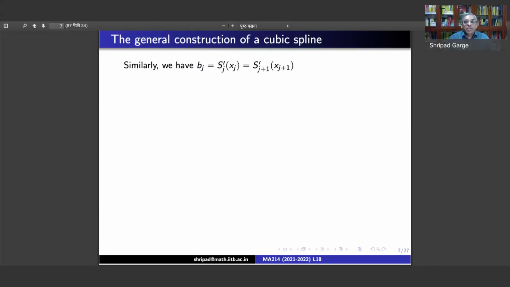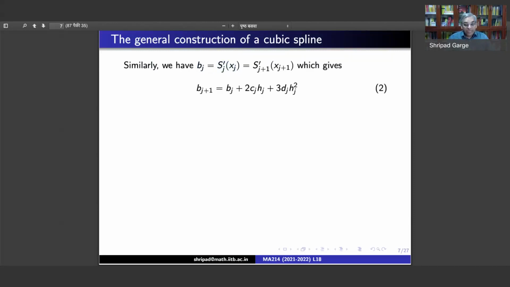What I mean to say here is that bj is the derivative of the cubic polynomial sj at the point xj, and what we should have is that sj prime at xj plus 1 has to be equal to sj plus 1 prime at xj plus 1, because we are also demanding that sj prime and sj plus 1 prime will have to agree on the point which is common.